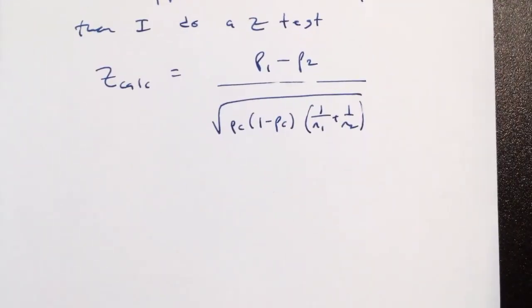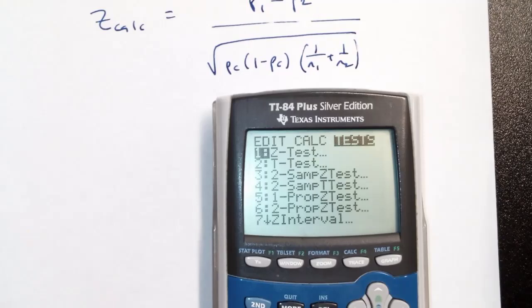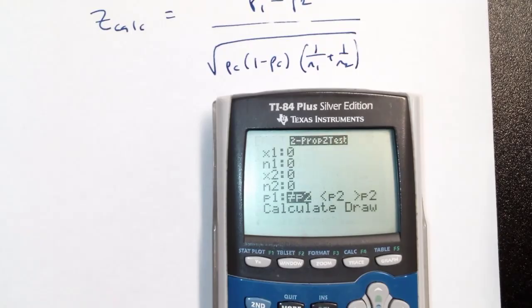All right, again, there are lots of different ways to get at this data. If I'm doing proportions, proportion z-test for 1 and for 2. So here's my 2 proportion z-test right here. So I can go in and I can get all the information.